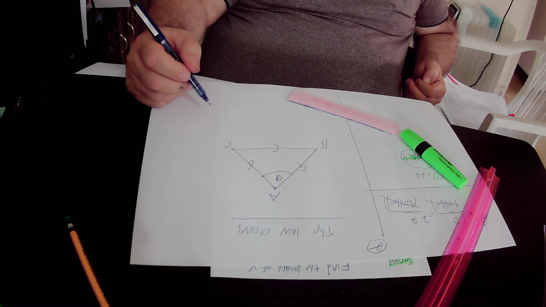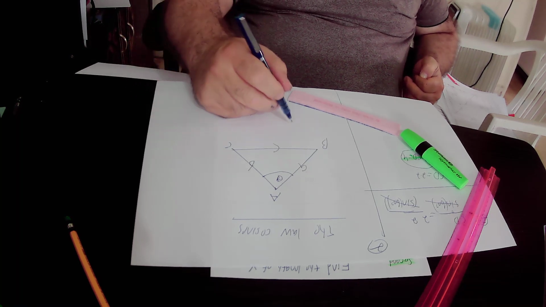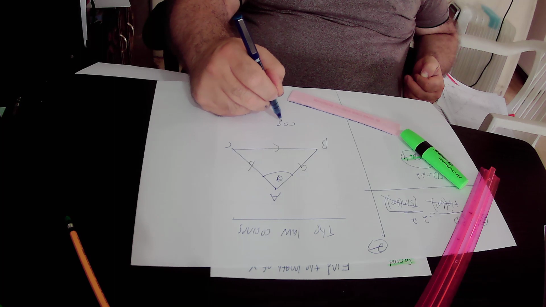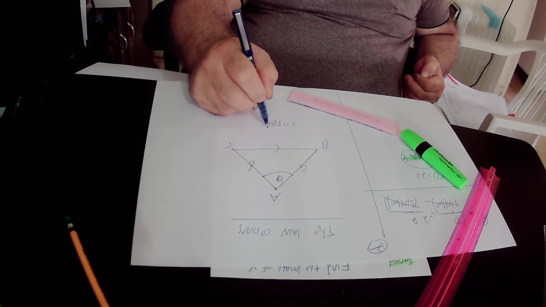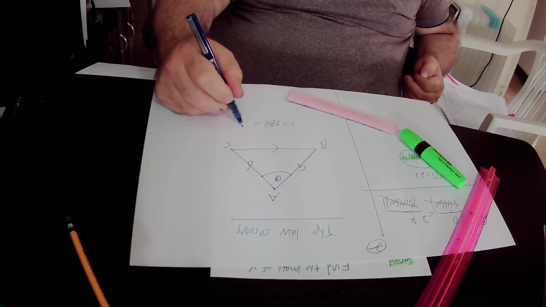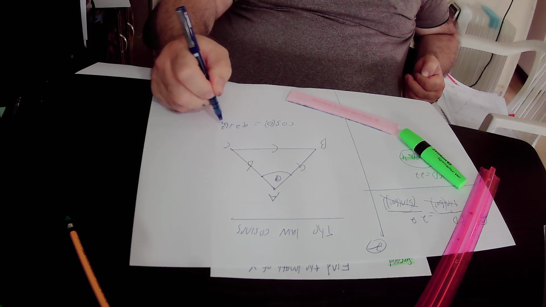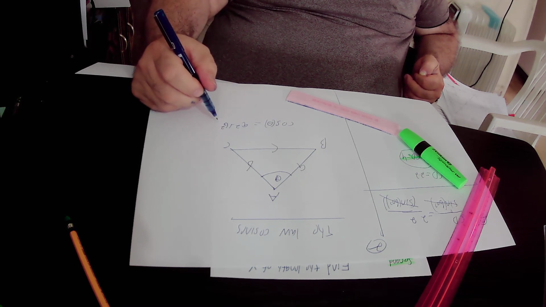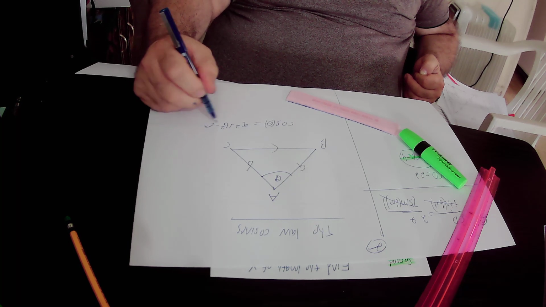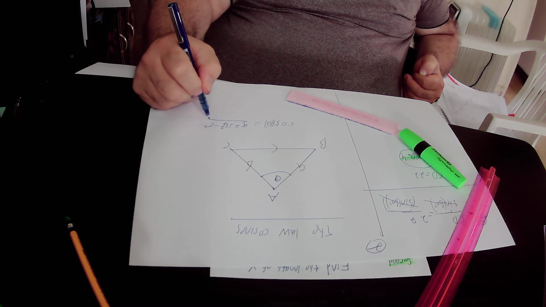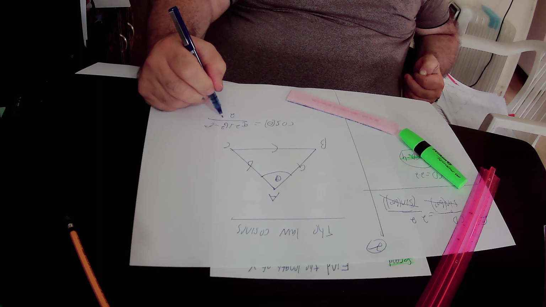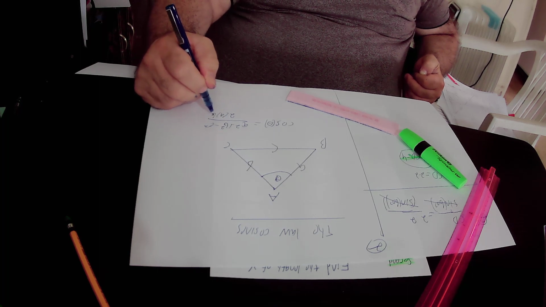Then, according to the law of cosines, we get that cosine theta equals A square plus B square minus C square over 2 times A times B.